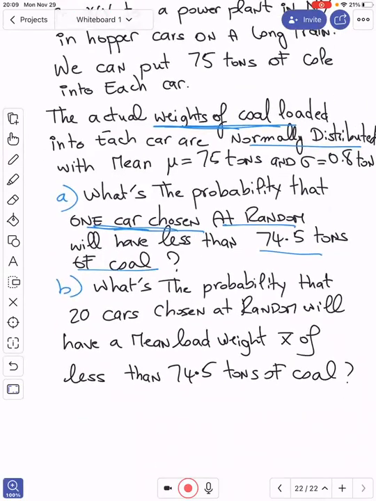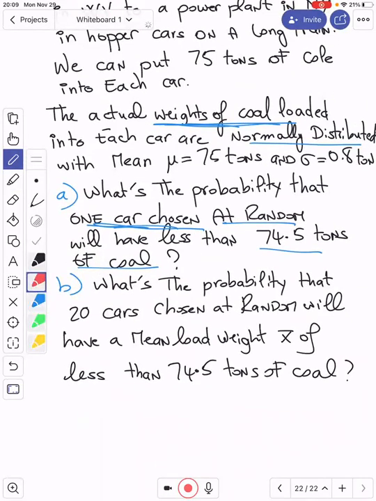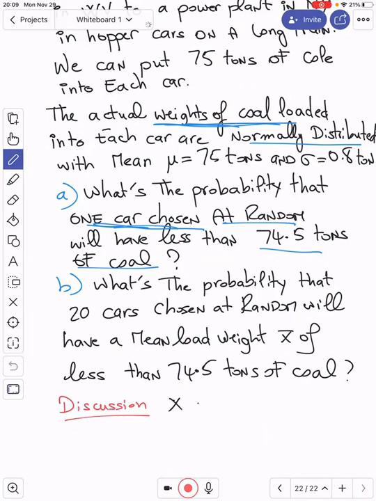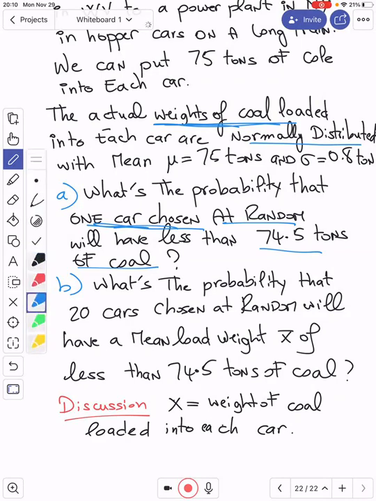So the variable X, that's the weight of the coal loaded into each car, right? Now this X bar, you see this X bar, where is it?